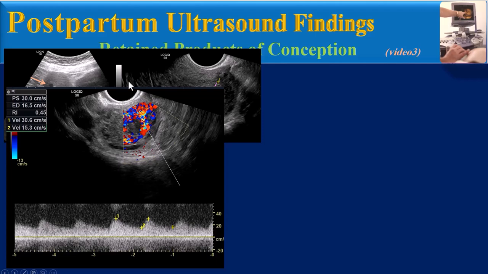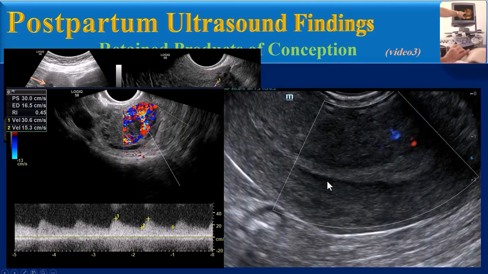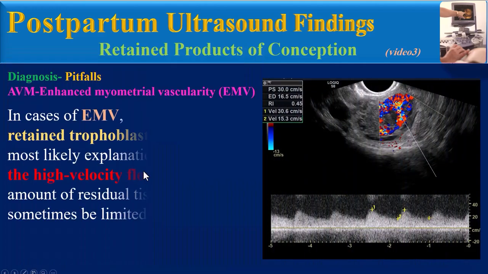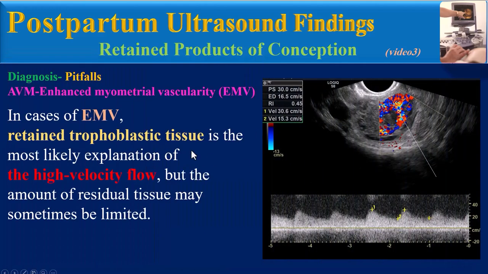These appearances are consistent with enhanced myometrial vascularity, which is typically seen as a complication of pregnancy. But 7 weeks later, the EMV disappeared spontaneously, and as we know, a true AVM will not spontaneously regress. In cases of EMV, retained trophoblastic tissue is the most likely explanation of the high-velocity flow, but the amount of residual tissue may sometimes be limited.